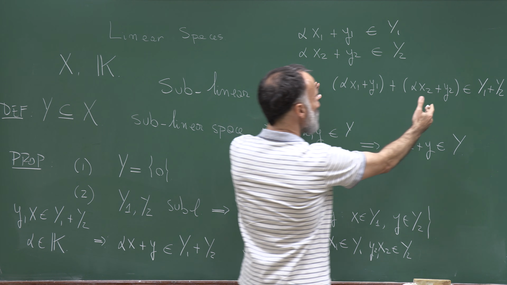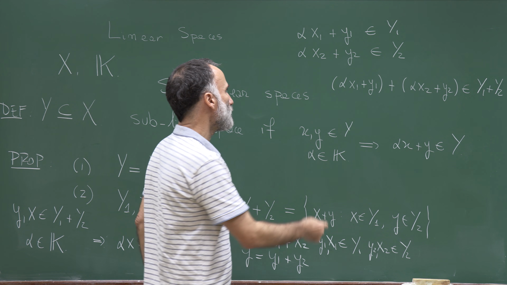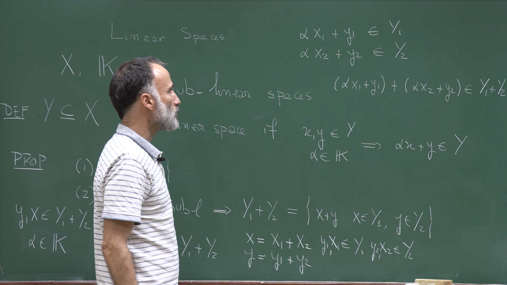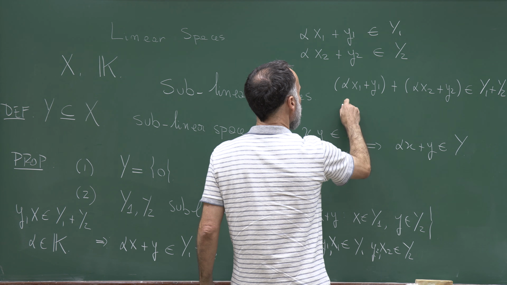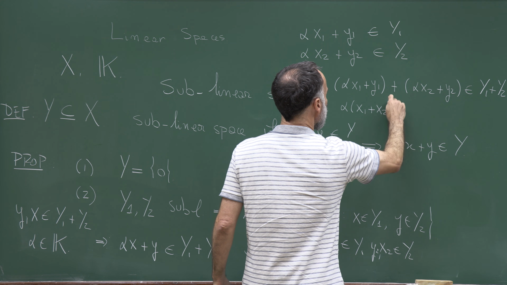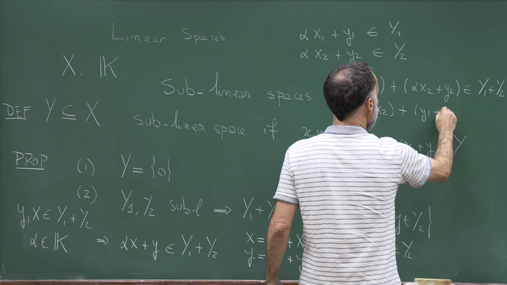So I know that this element belongs to Y1 plus Y2, but by using the properties of addition and multiplication by scalars, I can rewrite this element as alpha times x1 plus x2, plus y1 plus y2.